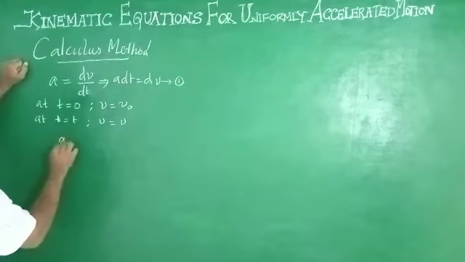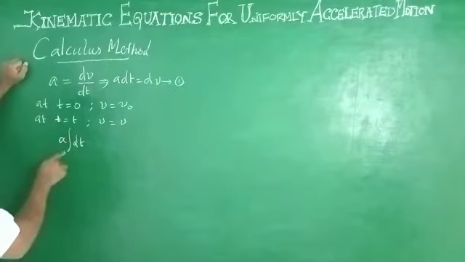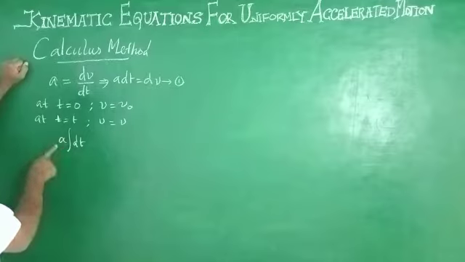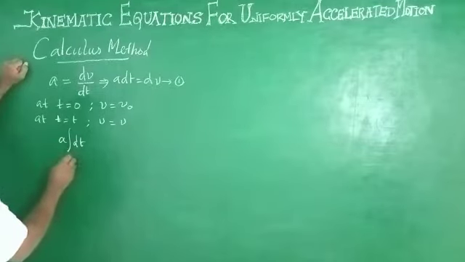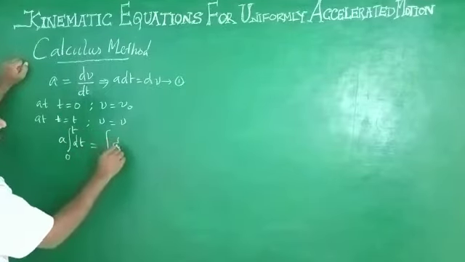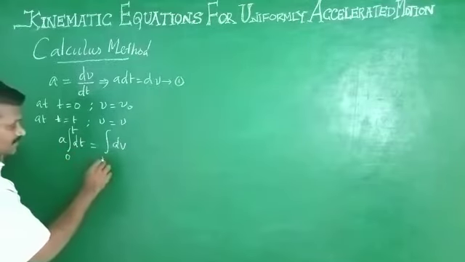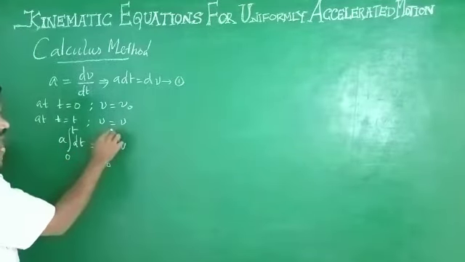We get a times integral dt, because a is constant, so I take it outside, with time varying from 0 to t, equal to integral dv, where velocity changes from v naught to v.